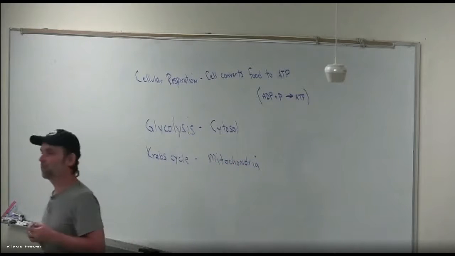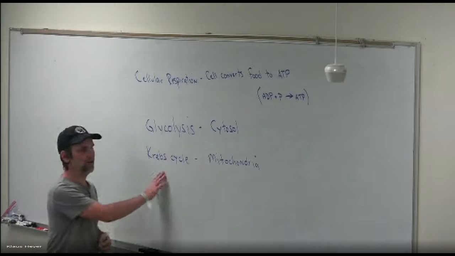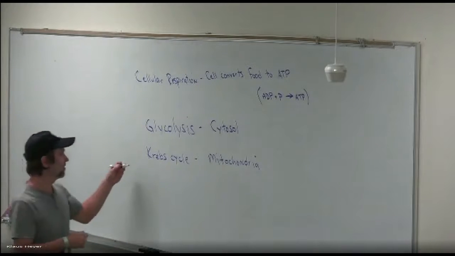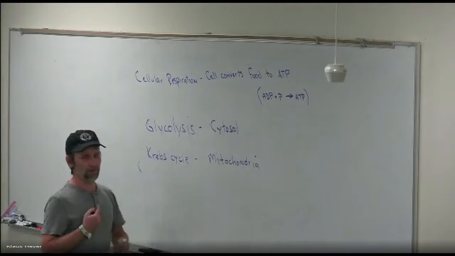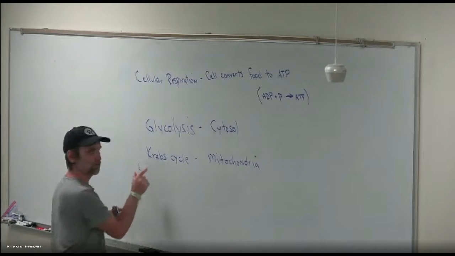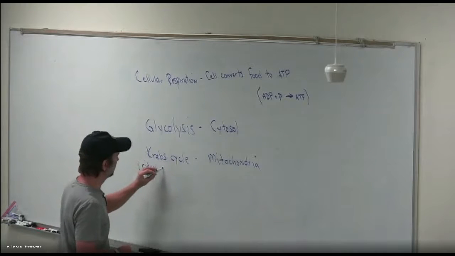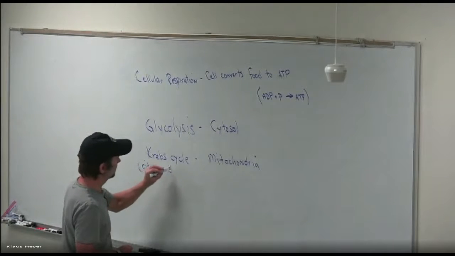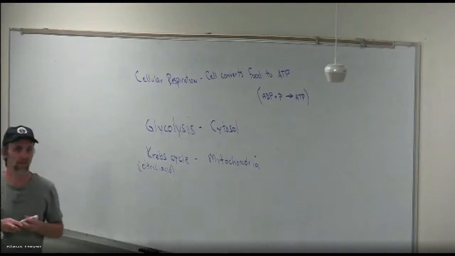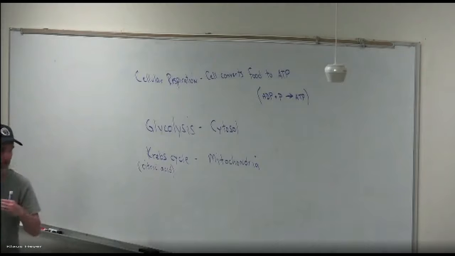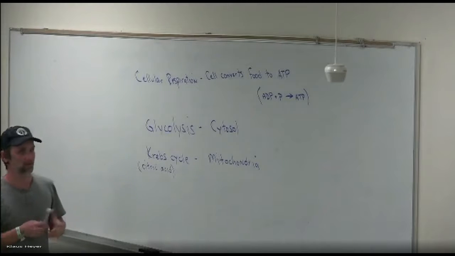The Krebs cycle, which your book might put down as the citric acid cycle. It's called Krebs, or I always go with whatever's shorter to write. But they also call it citric acid cycle. That's the second part we're going to talk about. It happens in the mitochondria.